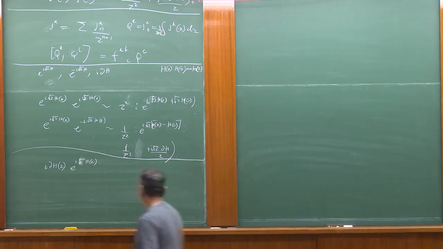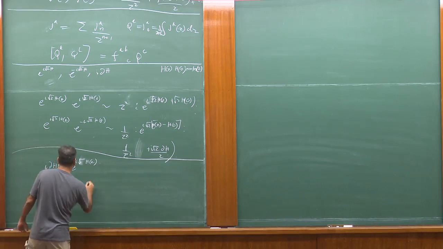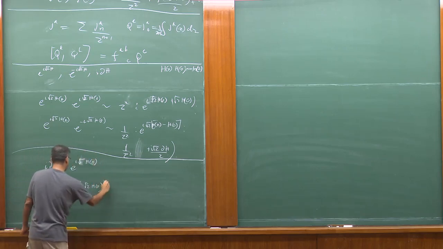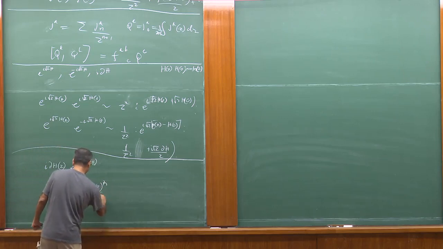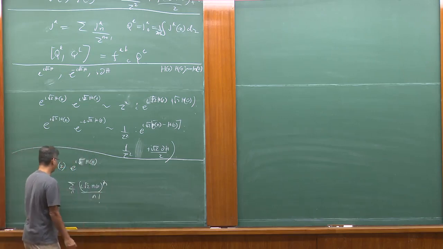Okay, so let's write this as I del h times sum over n of I square root 2 h of 0 to the power n divided by n factorial. Now we get the 2-point function.